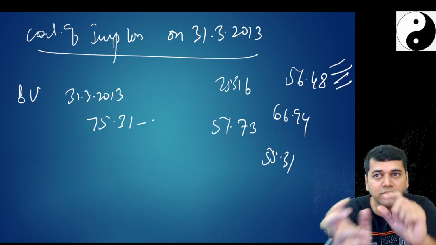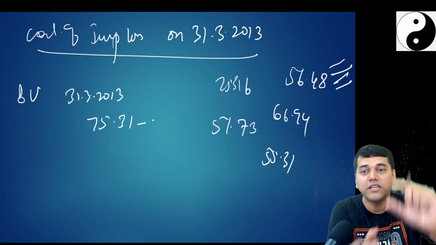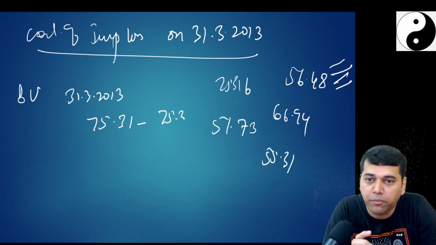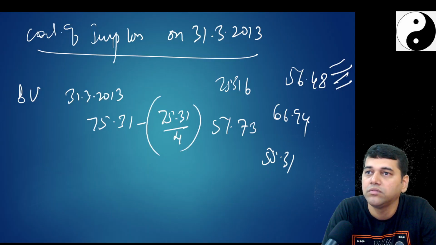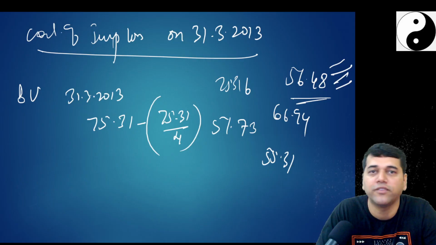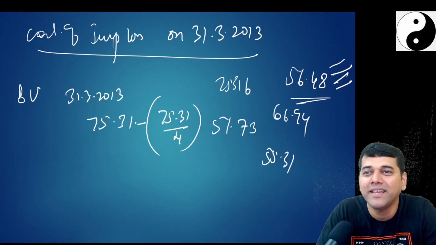But they can remove that cash flow, they may increase this 1 year into 2 years. So my depreciation will be 75.31 divided by 4. How much does it come to? 56.48, no? How did you get different numbers? What mistakes happened?